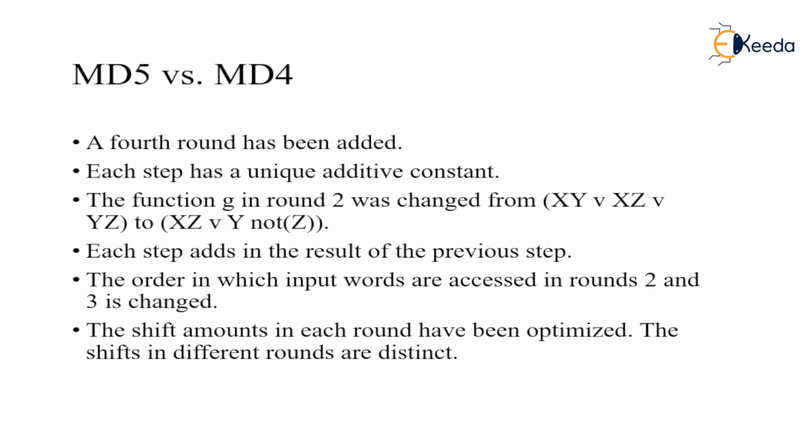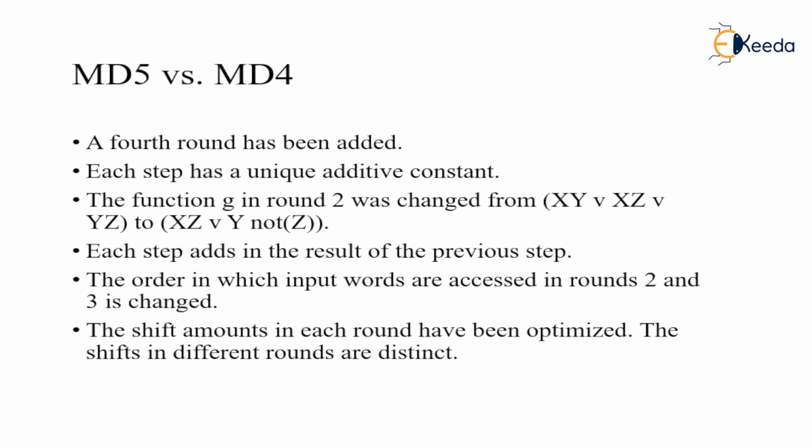Each step adds in the result of the previous step. Whatever output we get after the 16 operations on a 512-bit block is then added to the next 512-bit block for performing again the 16 operations.